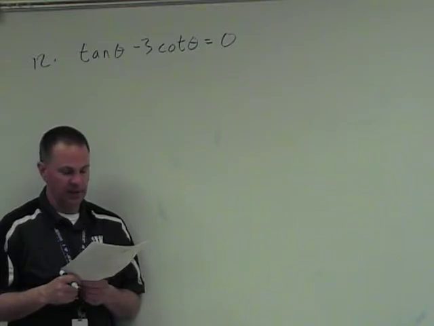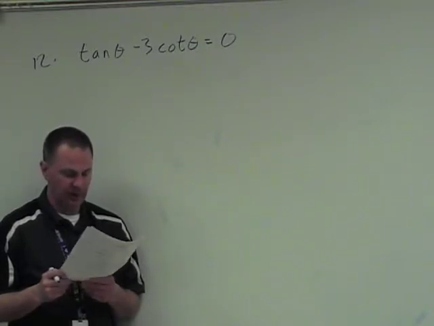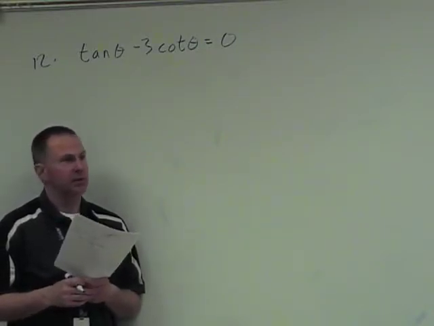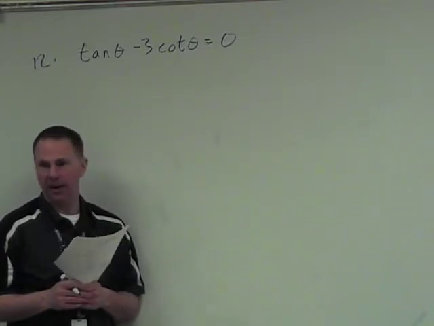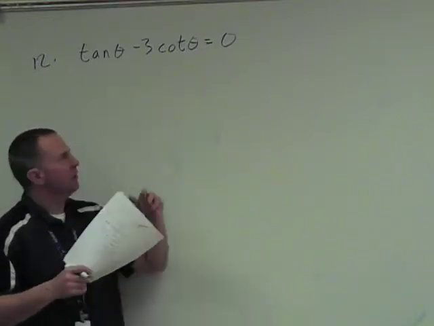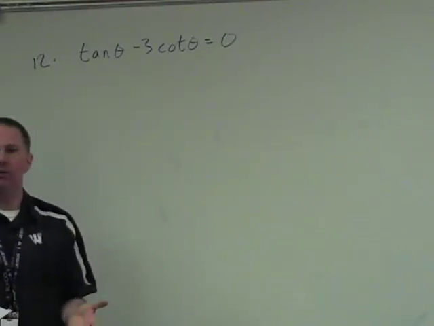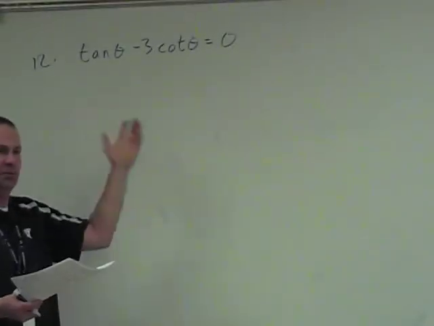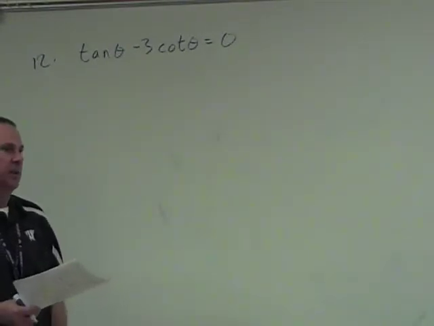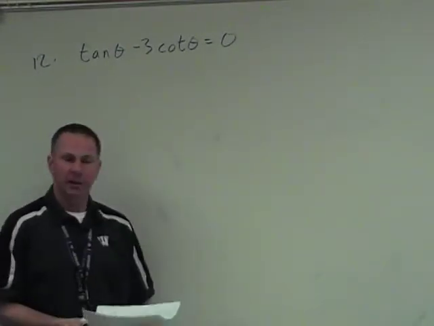There isn't anything really with tangent, cotangent that is helpful. So let's start manipulating what we have. Anytime you get to a point where you're looking at it going, there is really nothing on my reference sheet to help me, there's no squares, I can't use Pythagorean identities at this point, so let's manipulate what we have.